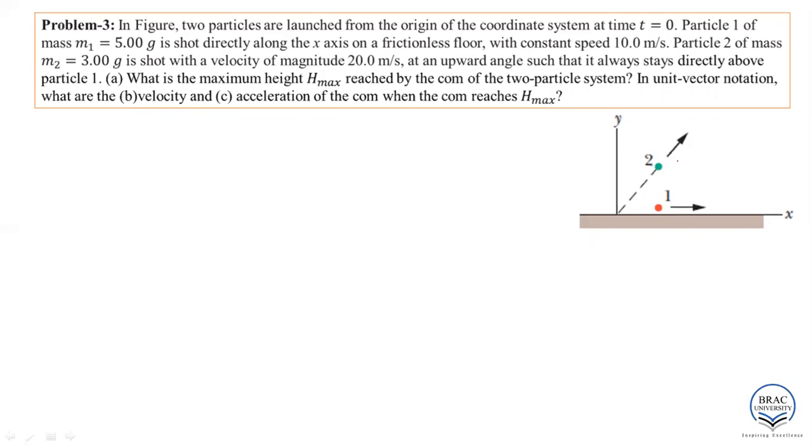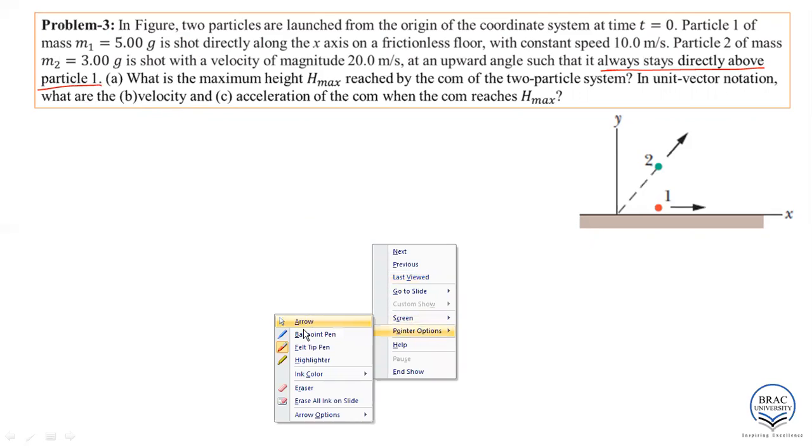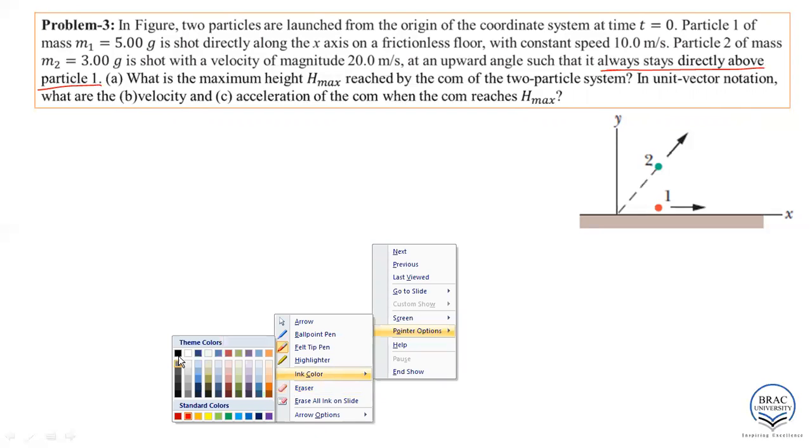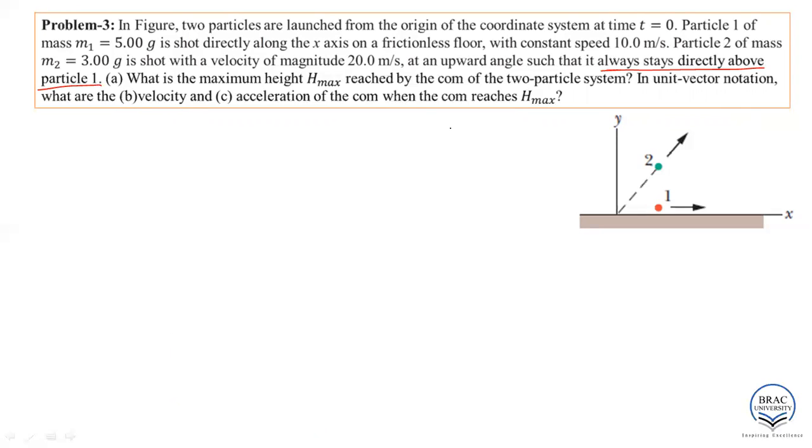So here, the interesting thing lies here: particle 2 will always stay directly above particle 1. Here we consider the velocity of particle 1 in vector form, in unit vector form.